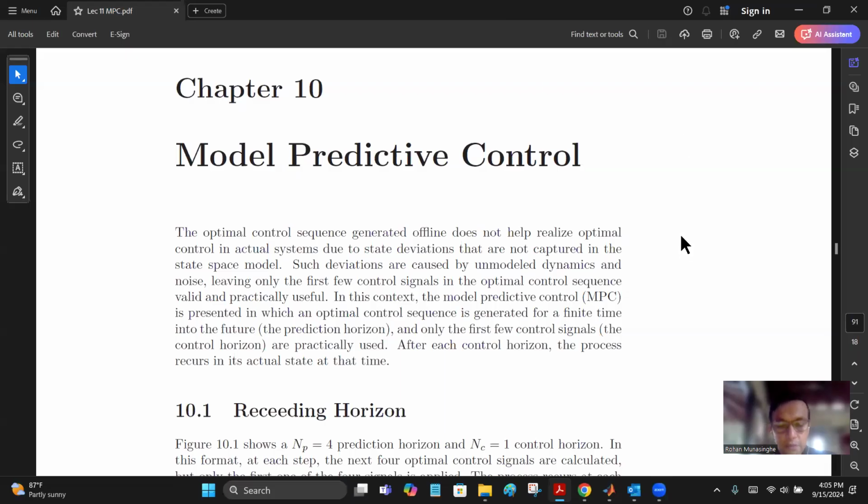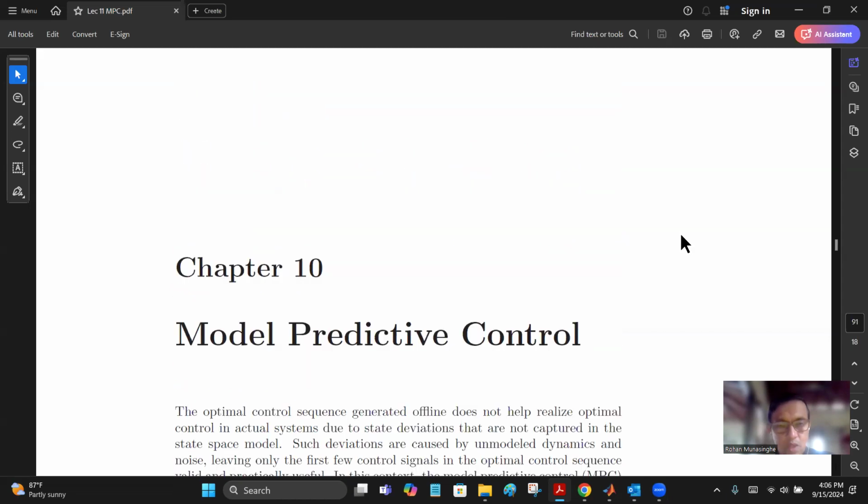All right. Now, if you look at the discrete time optimization that we just finished, everything was okay except for one thing.